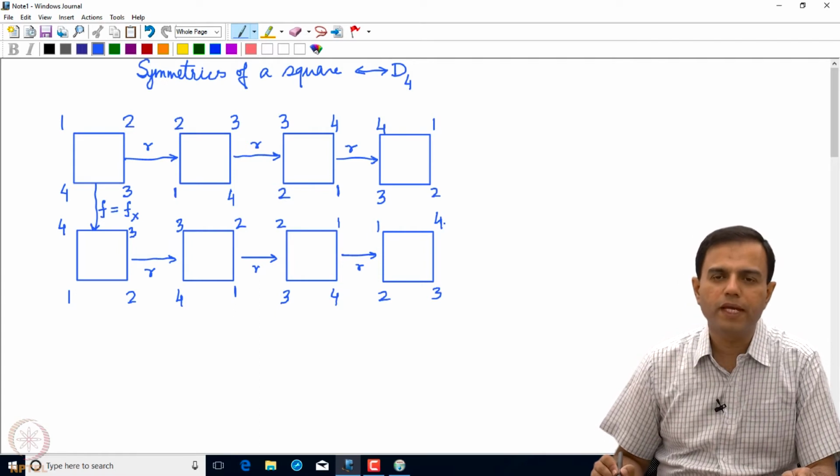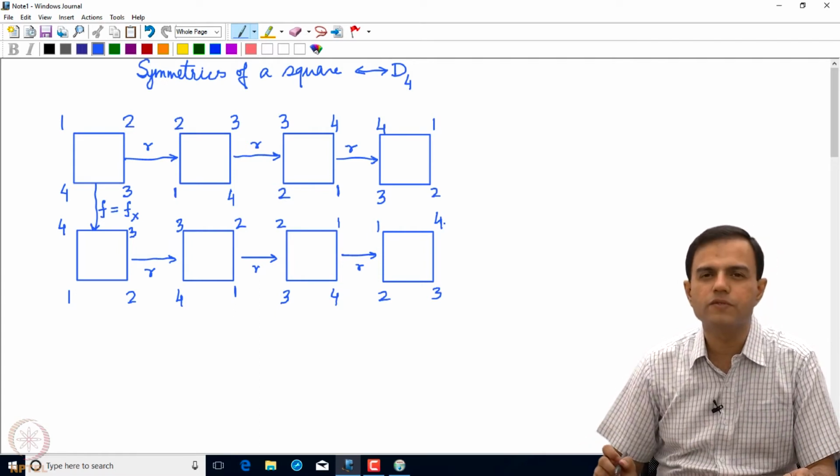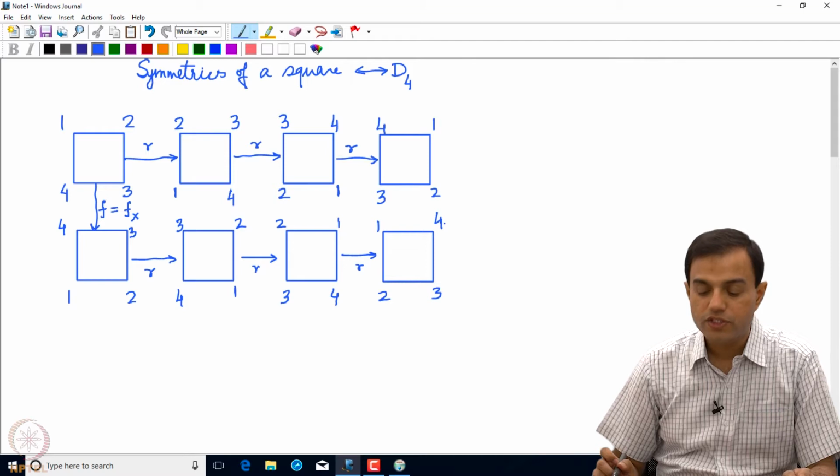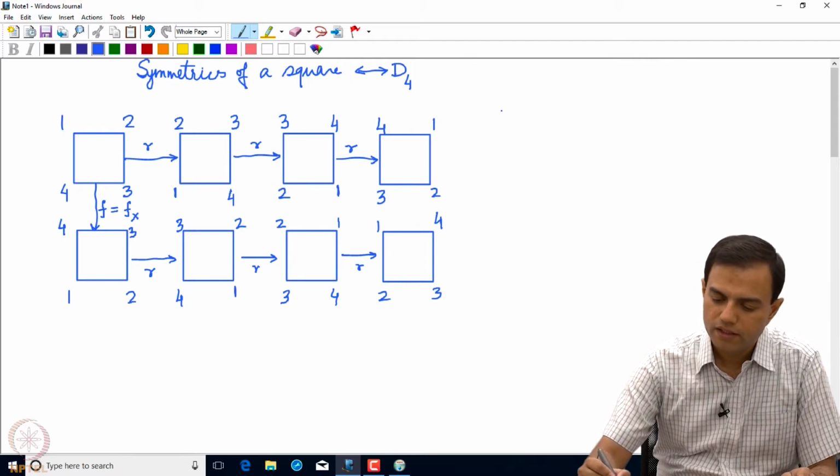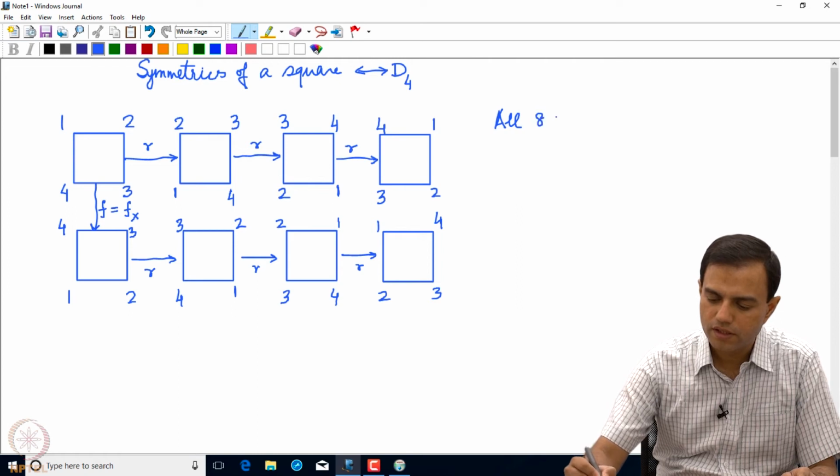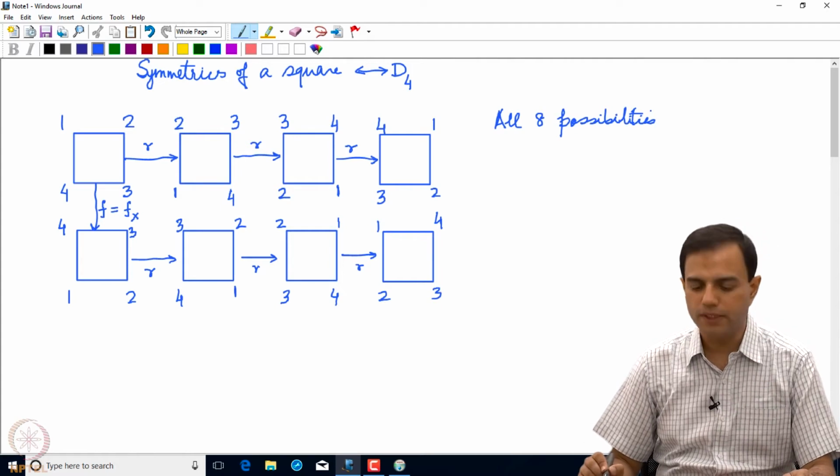So here I have obtained all these configurations of the square. I just have to check that these are all 8 possibilities, that there are no other possibilities.